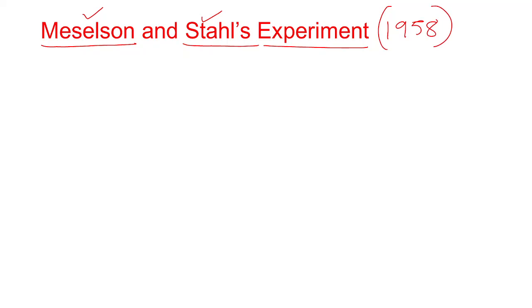So, coming to the next part, that is Michelson and Stahl's experiment. What is Michelson and Stahl's experiment? It is the experiment given by the scientists Michelson and Stahl in the year 1958, which proved that DNA replication is semi-conservative.